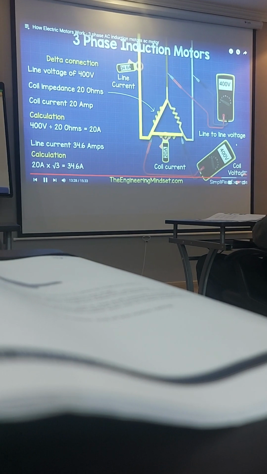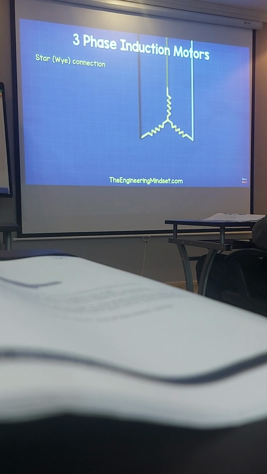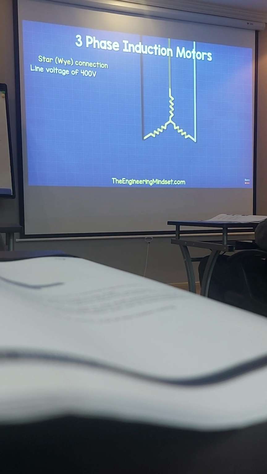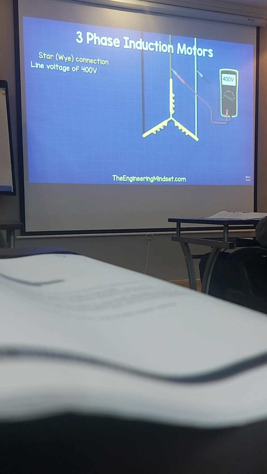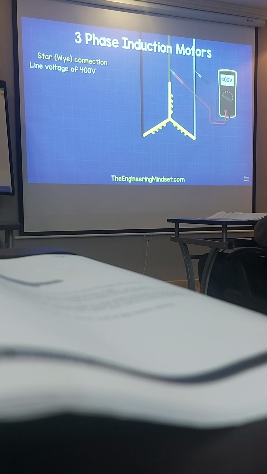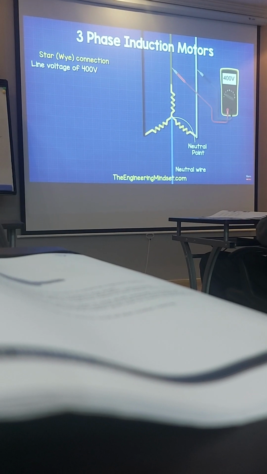Now, if we look at the star or Y configuration, we again have a line-to-line voltage of 400 volts. We see that if we measure between any two phases, but with the star configuration, there is the star point, or neutral point. It's from this point that we can run a neutral wire if needed.